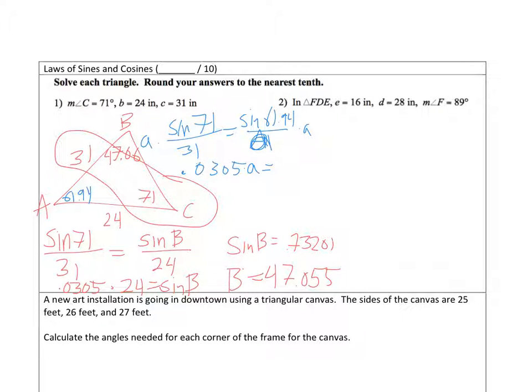Sine of 61.94 is 0.8825. Dividing both sides by 0.0305, we get a is equal to 0.8825 divided by 0.0305, which is 28.934. So a is 28.9 based on nearest tenth.